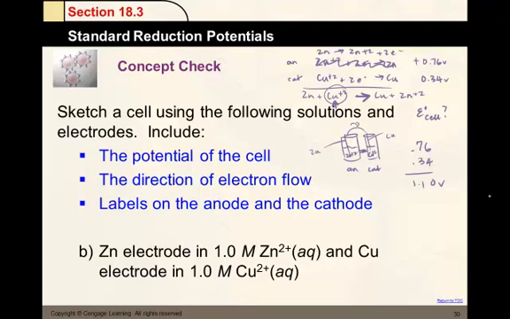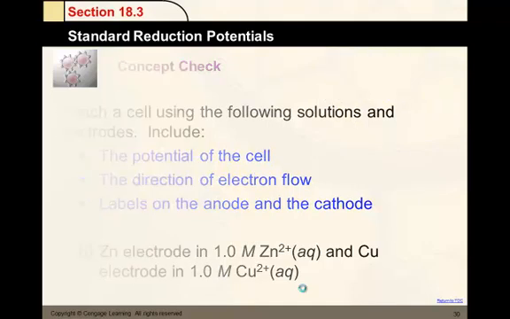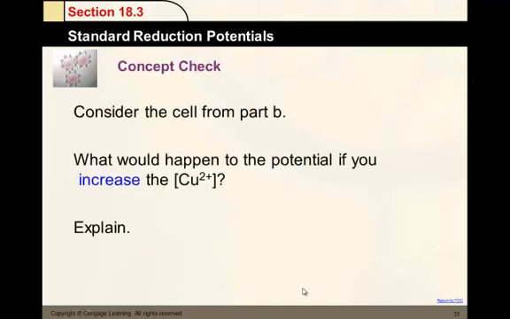The cell potential should increase. However, in that previous reaction, if we increase the concentration of zinc, the reaction is going to move to the left, and the cell potential should decrease.